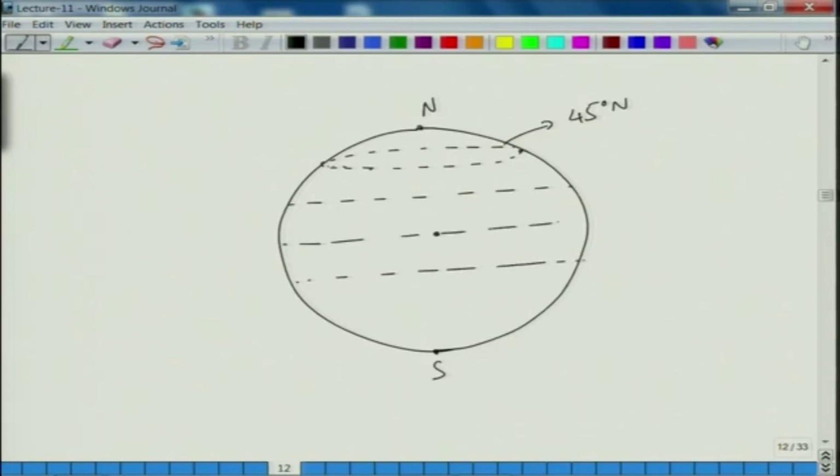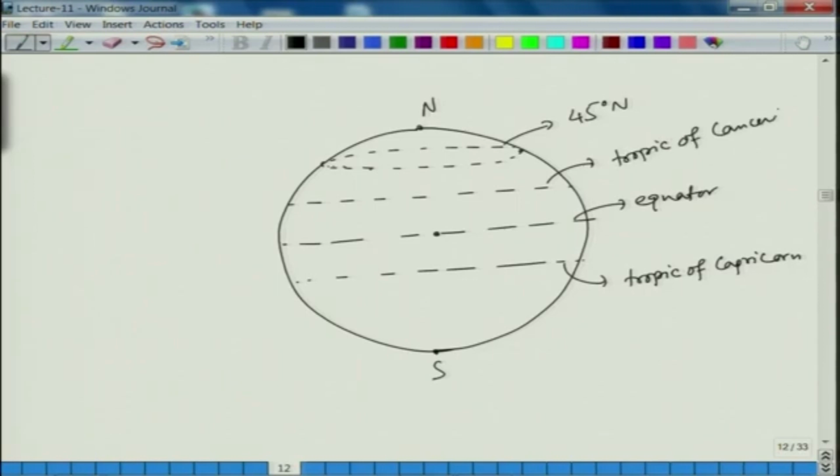So, this is our equator. Okay. This is the Tropic of Capricorn and this is the Tropic of Cancer, right.